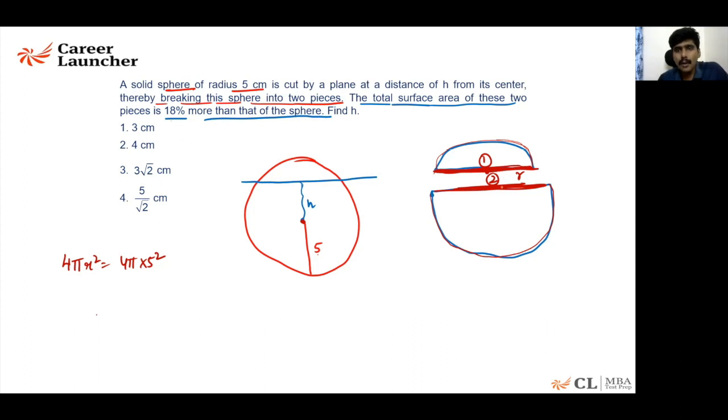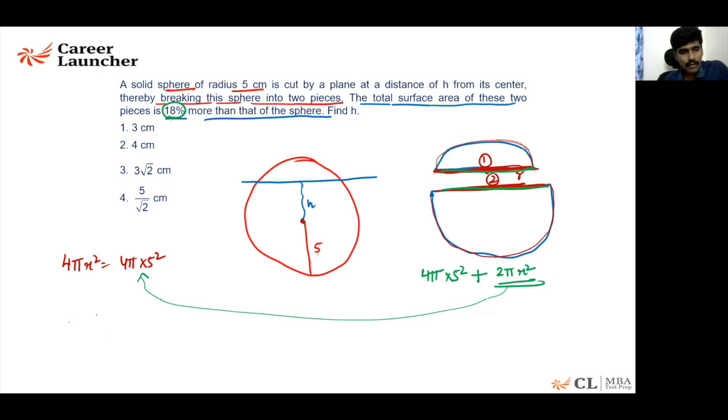So the total surface area of the cut pieces would be 4 pi into 5 square plus this pi r square plus this pi r square, which is 2 pi r square. The only unknown in the question is r, right? So 2 pi r square is 18% of the initial area.